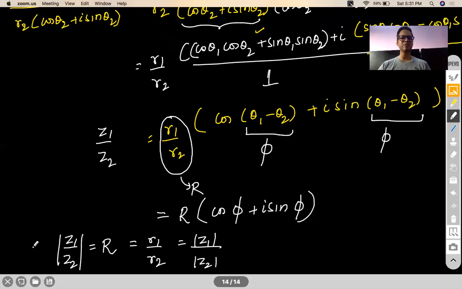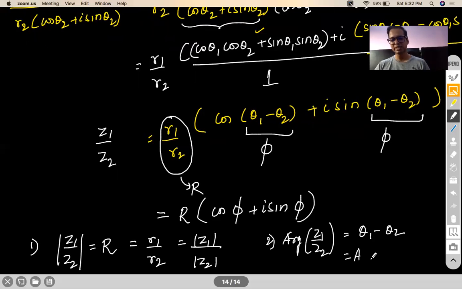Second thing that is clear from here is that the argument of Z1 by Z2 is nothing but theta 1 minus theta 2, which is nothing but argument of Z1 minus argument of Z2. Just like in multiplication they got added, in division they got subtracted. You'll say, sir, it is very much like the log properties.